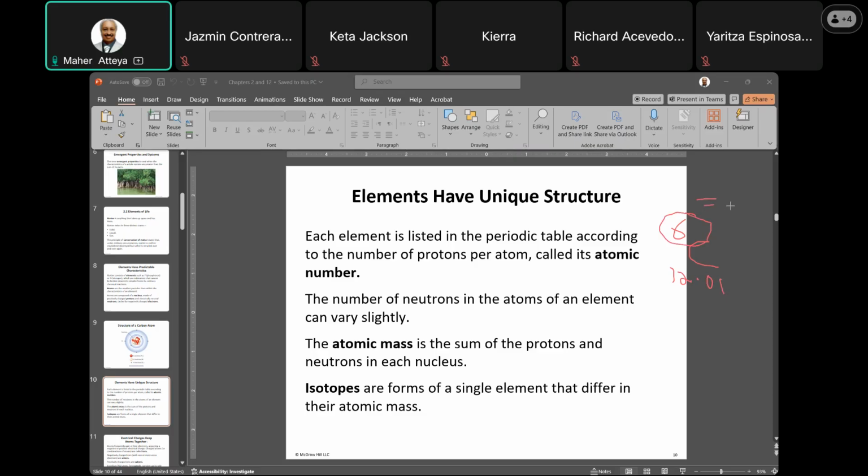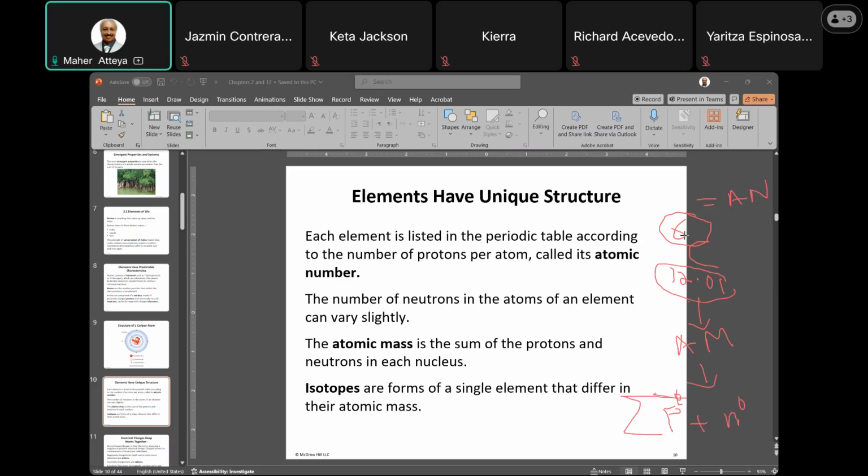The atomic number is the number of the protons. Atomic mass is the sum of protons, which are positively charged, and neutrons.